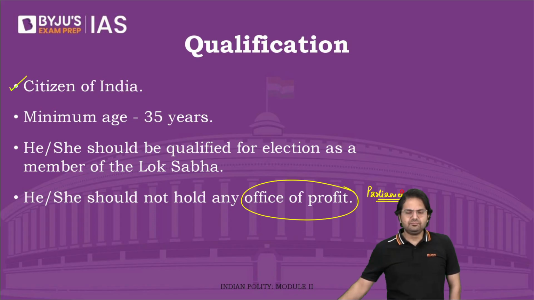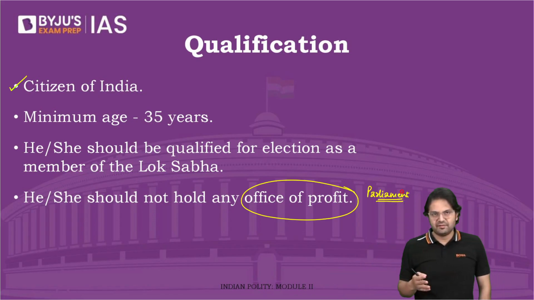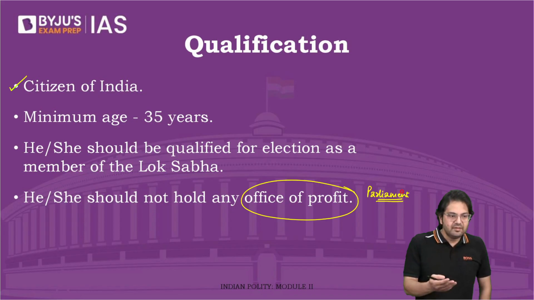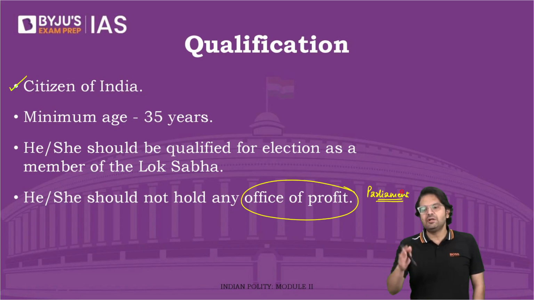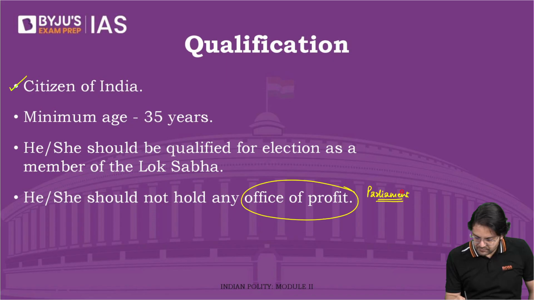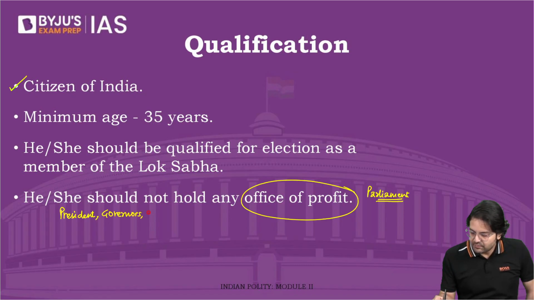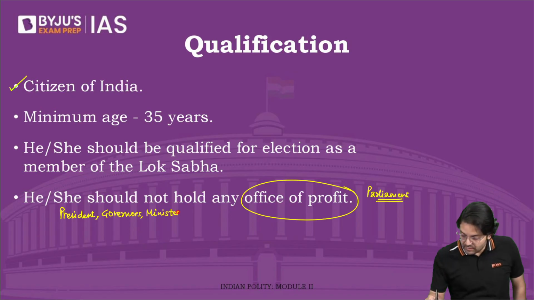The exception is that presidents, sitting VP, sitting governor, sitting minister, they are eligible to contest. So anybody who is a president, anybody who is a governor, anybody who is a minister, these people are eligible to contest.